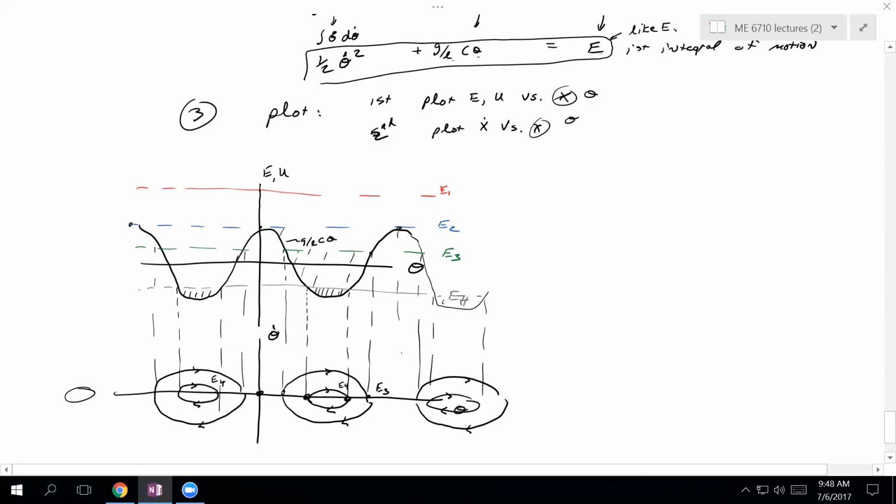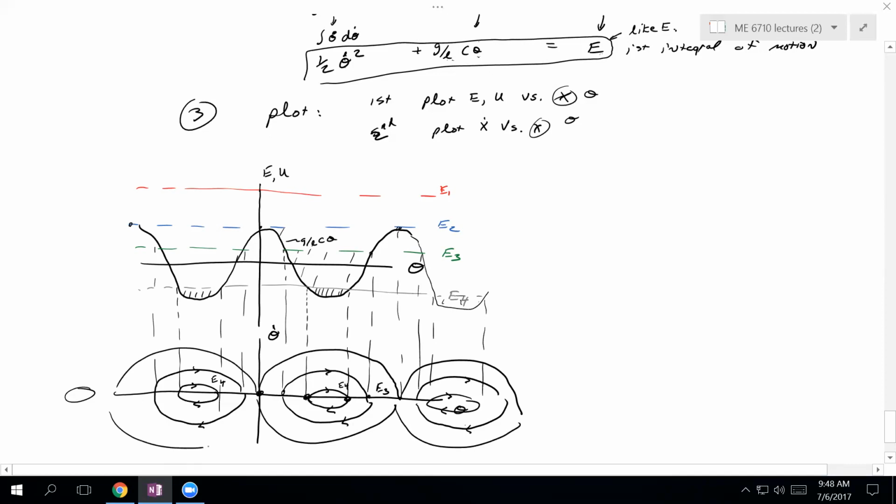Here, I'm coming down to zero velocities. So this is my E2 case.